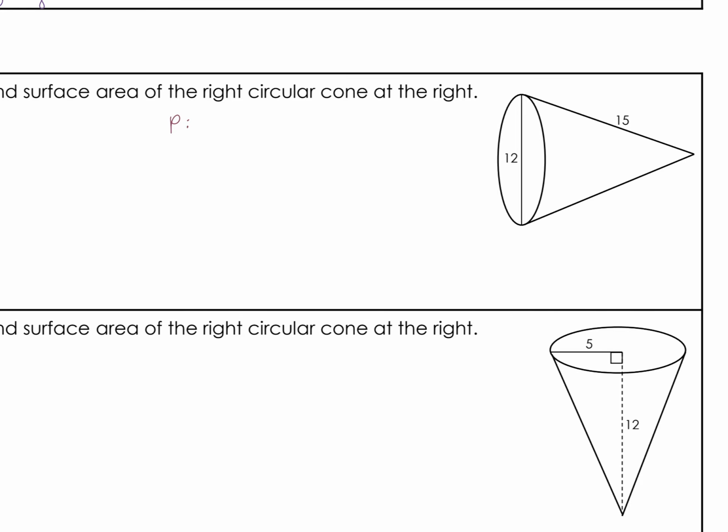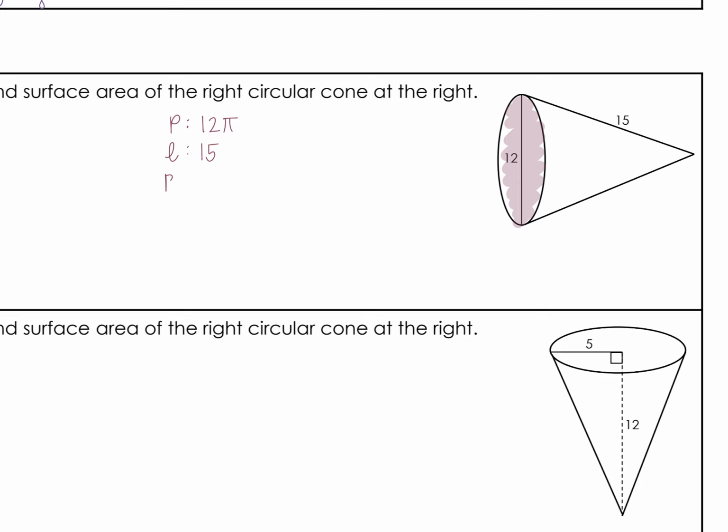Remember, here you have a circle as your base, so we're actually going to be finding circumference, which is 2 pi r, or pi times diameter. Since I have the diameter, I'm going to use that. Then we need our slant height, which is going to be that 15 that you see.